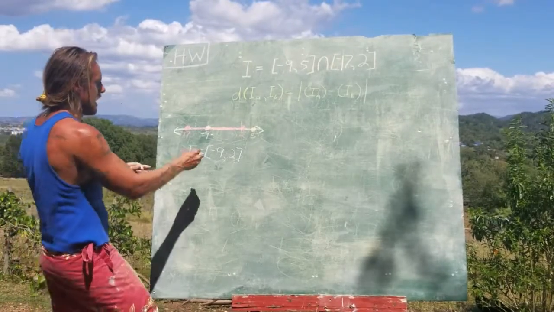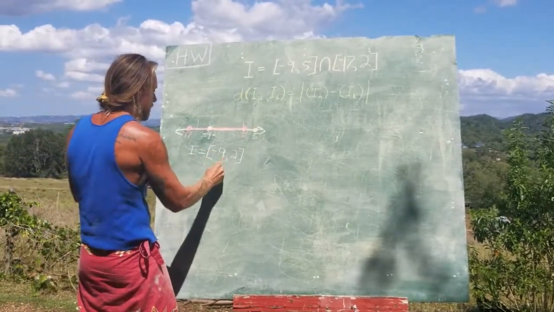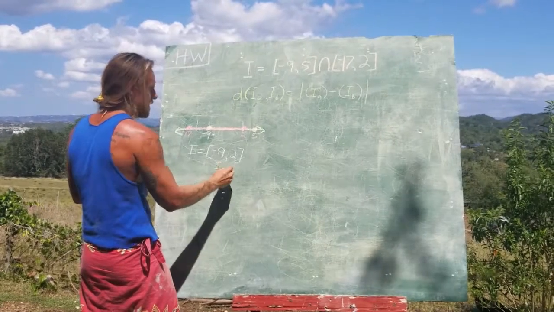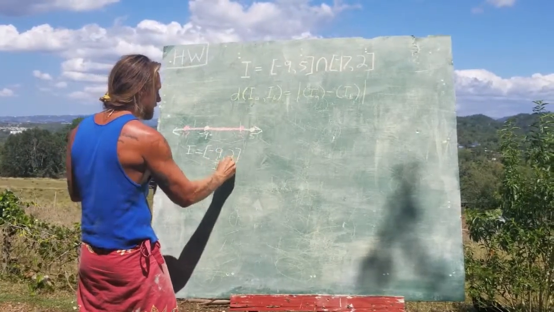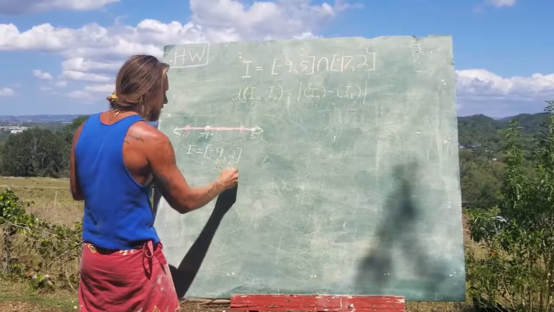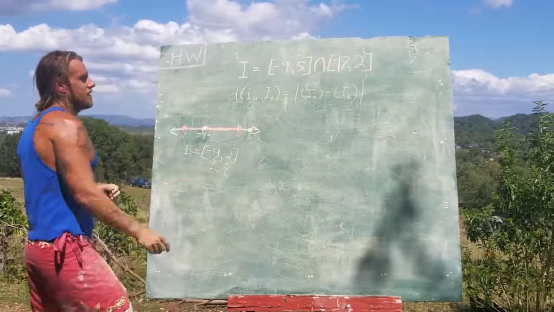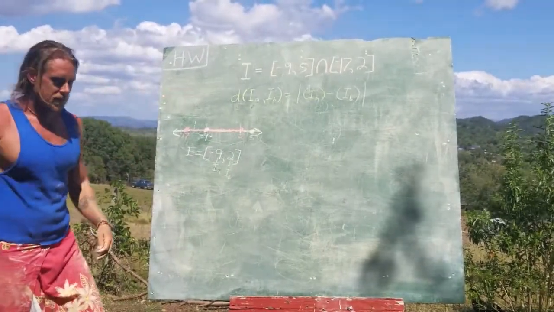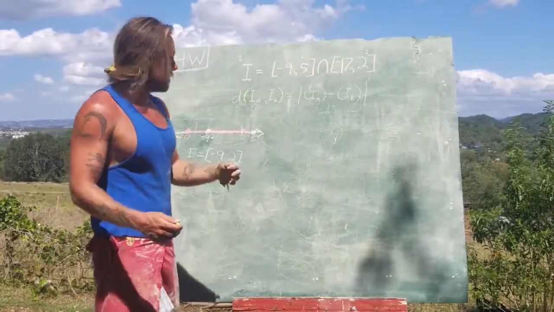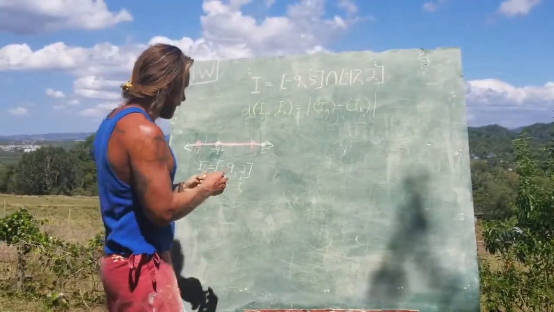All right. So here is our I sub A. Here is our I sub B. We can plug these real numbers into our distance formula and be able to find the distance quite easily, I think. So let's do that.